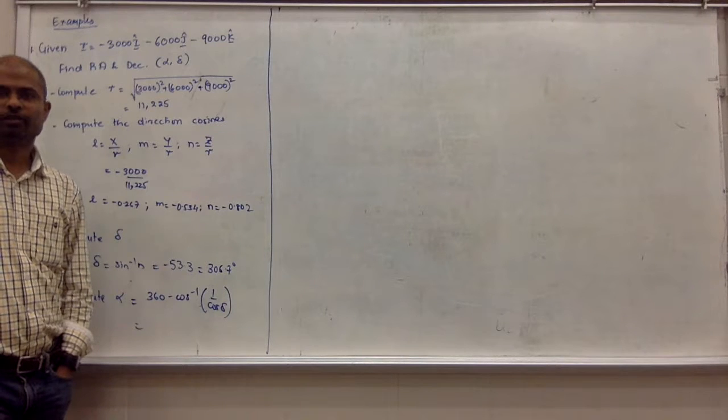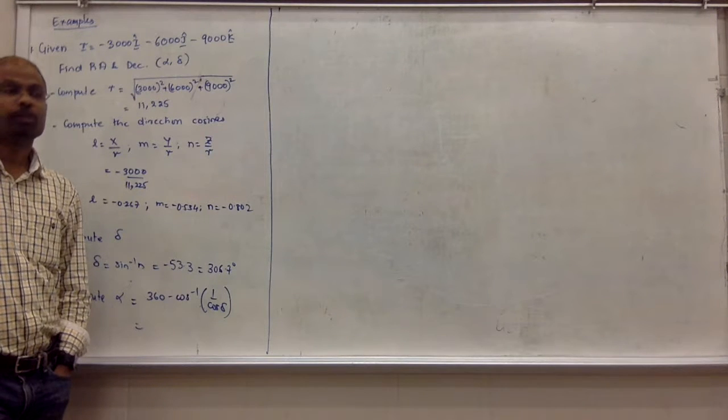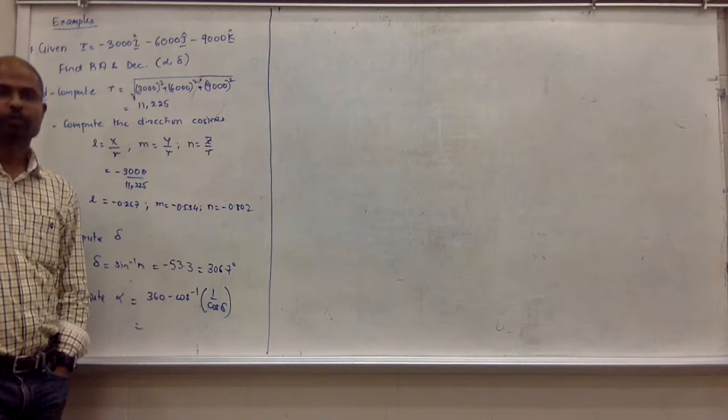What is the maximum value of sine? What is the minimum value of sine? So the range is negative 1 to 1. So what is the range of cosine? It is negative 1 to 1.